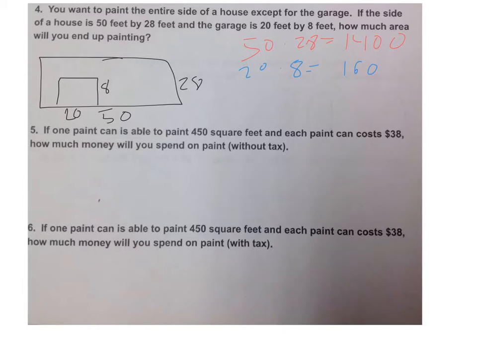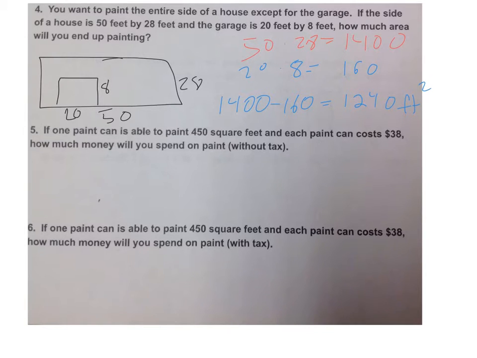So you're not going to paint that little section. You're going to subtract that from the 1,400. So we have 1,400 minus 160, and you end up getting 1,240 square feet. That's how much area you'll end up painting.